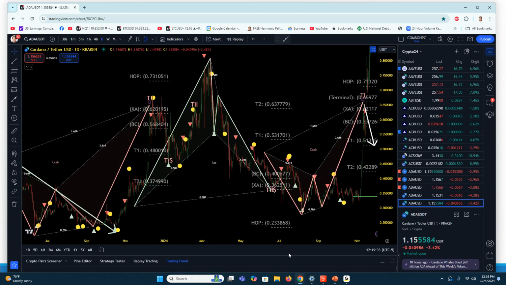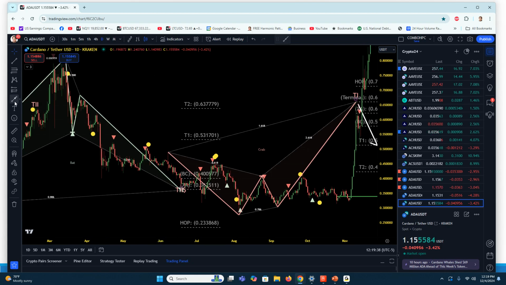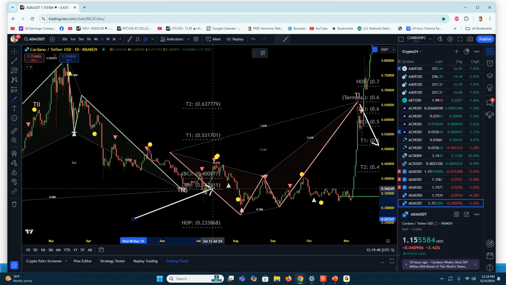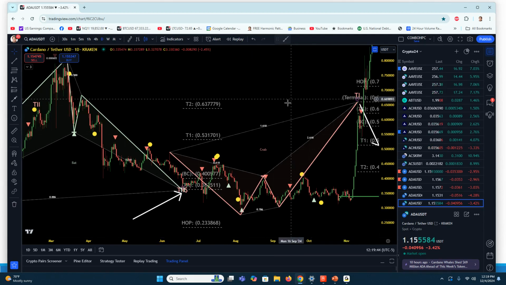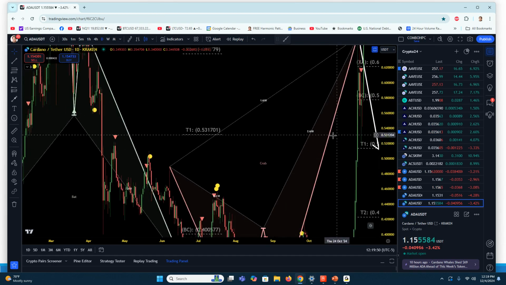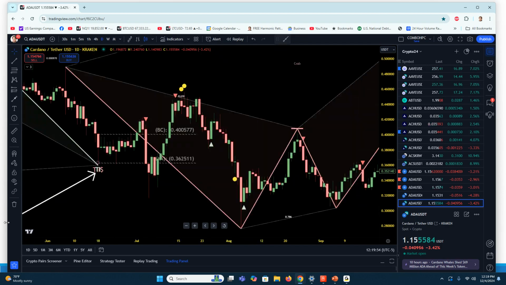And so the whole gist of what we're looking for is for the software to kick out this T1. That's a type 1. That's a starting point. And then that's where the pattern completes. The terminal bar is established, terminal bar being the price bar that hits the final level in the zone.